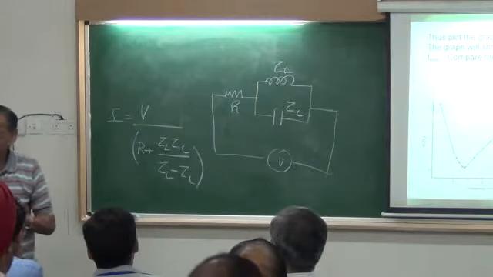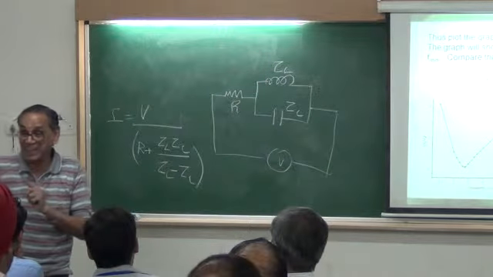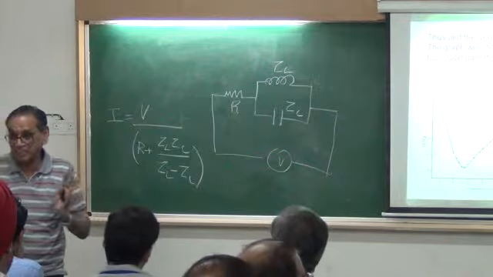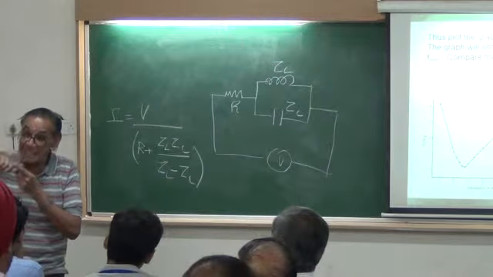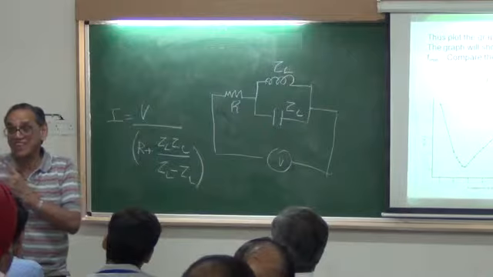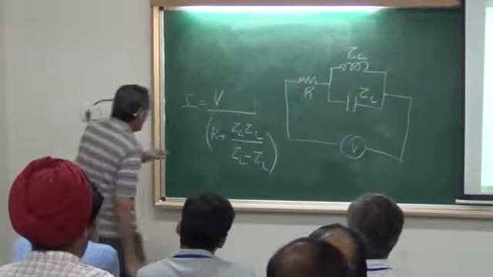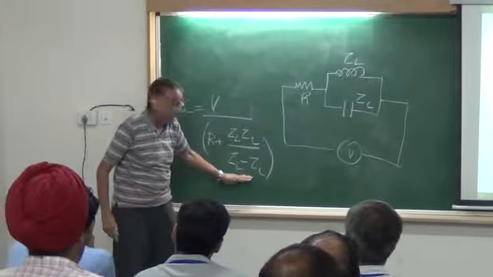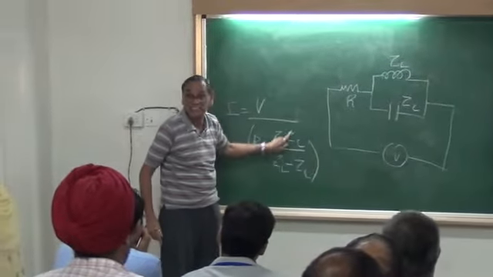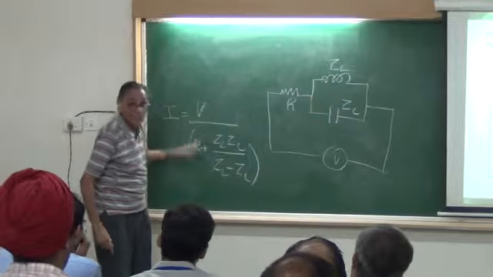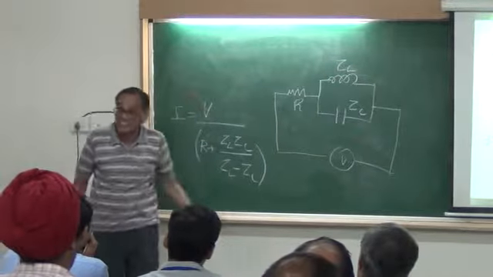But if the coil has a resistance, ZL minus ZC will be the resistance of the coil, because the impedance due to the inductor will cancel the impedance due to the capacitor. Therefore the impedance will be maximum, and therefore the current will become minimum at resonance.